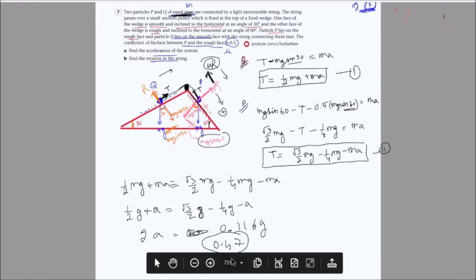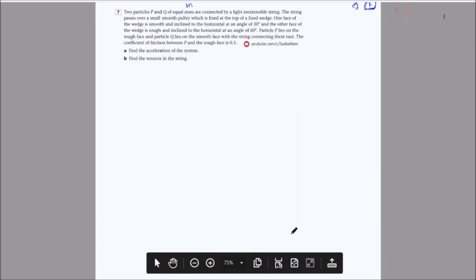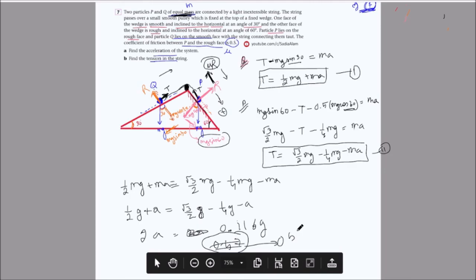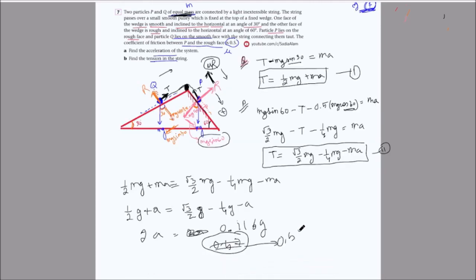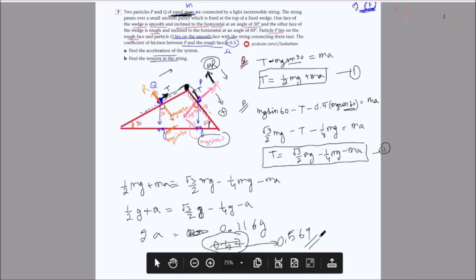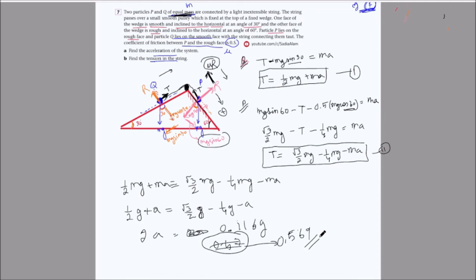Okay, so I rounded it up. If you want to take the answer to three decimal places, in that case 0.569. Okay, so this is the value for acceleration, and when you substitute this value of acceleration into this equation, the answer will be in terms of m.